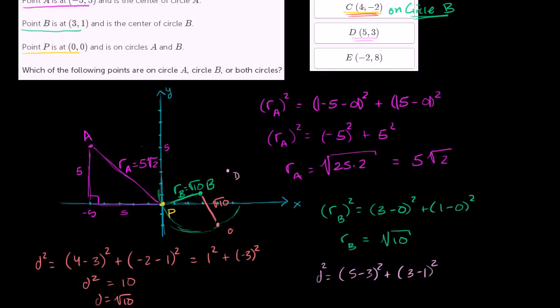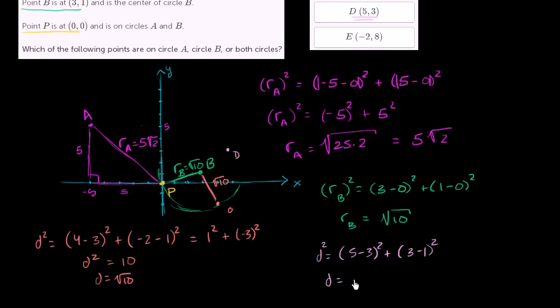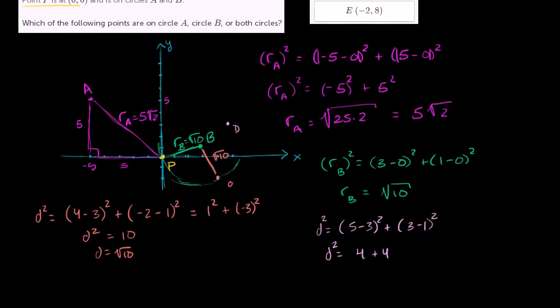I don't want to skip too many steps. You see, this is 2 squared, which is 4, plus 2 squared, which is another 4. So our distance is going to be equal to the square root of 8, which is the same thing as the square root of 2 times 4, which is 2 times the square root of 2. Square root of 4 is 2, and then of course you just have the 2 left in the radical.